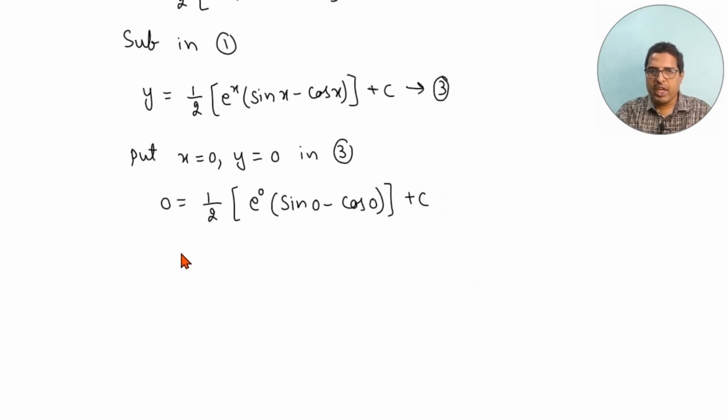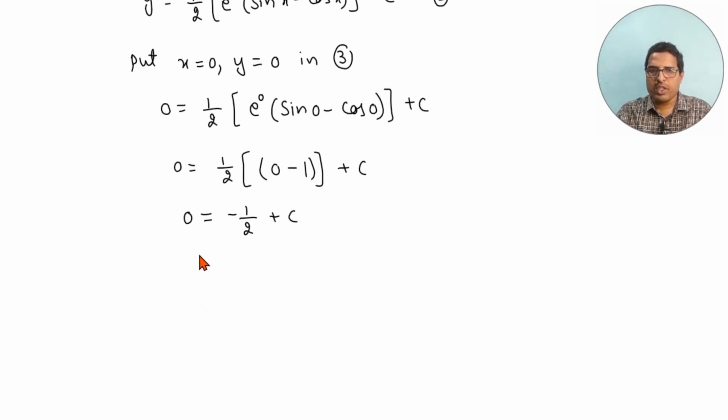This can be further simplified as 0 is equal to half times e to the power 0, which is 1, then we have sin 0 is 0 minus cos 0 is 1, plus c, or if you ignore 0 and just multiply half into minus 1, you will get minus half plus c. This is 0 only. Or if we send this minus half to the other side, it becomes plus half is equal to c. Therefore you have got the value of c to be equal to 1 by 2.